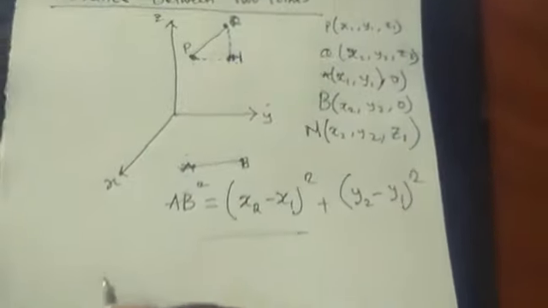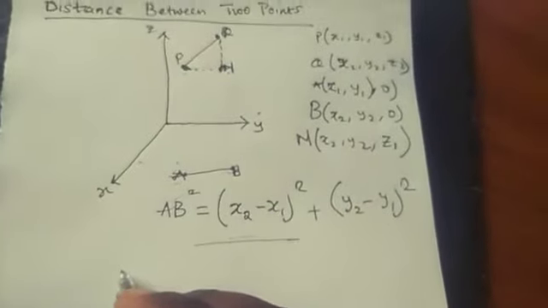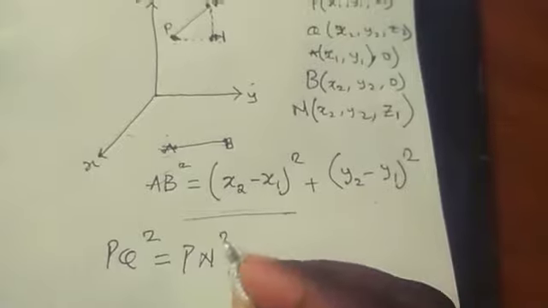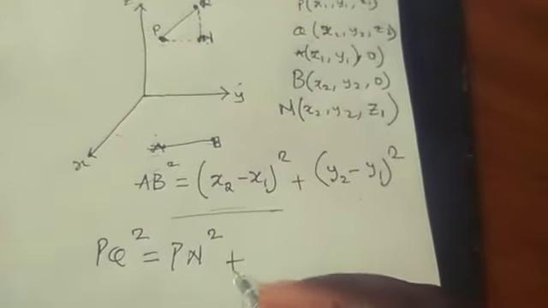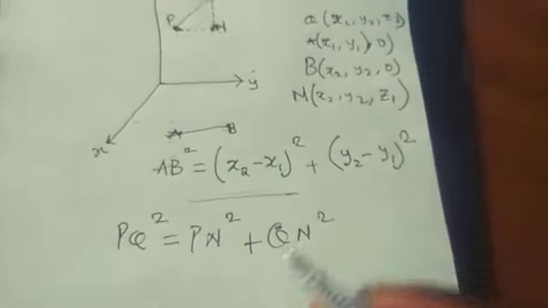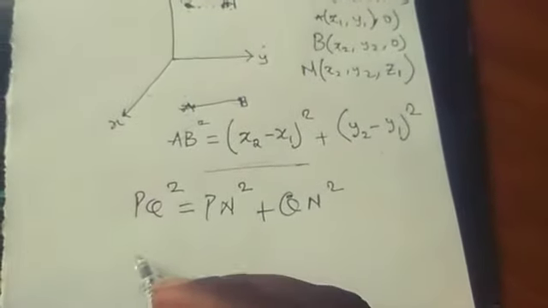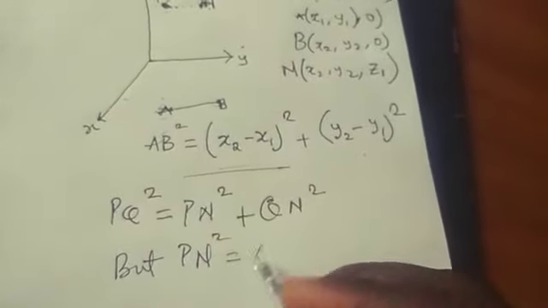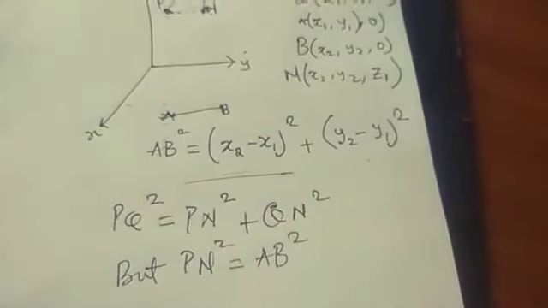So by Pythagoras theorem, we know that PQ squared will be equal to PN squared plus QN squared. But we know that PN squared is same thing as AB squared.